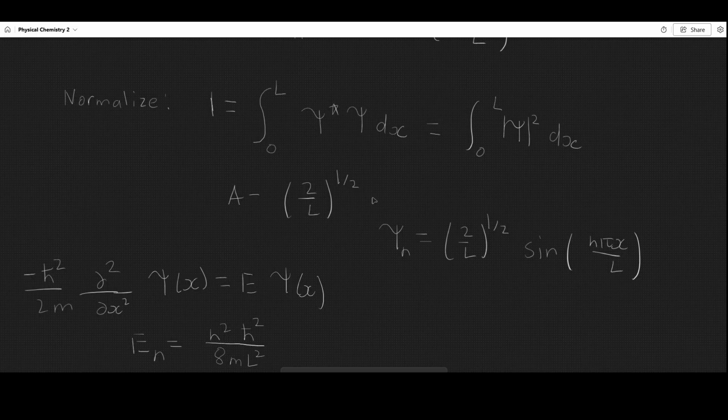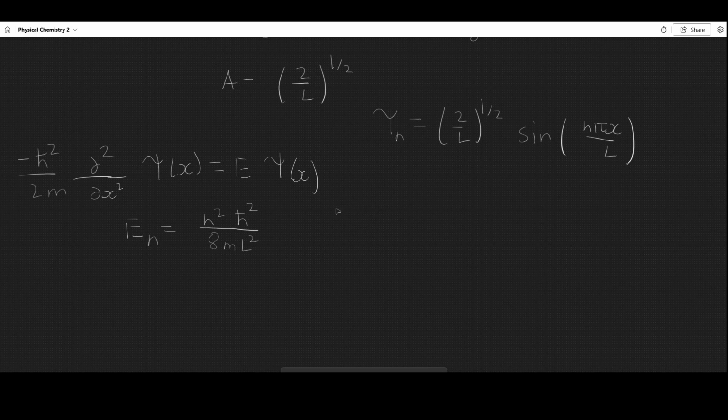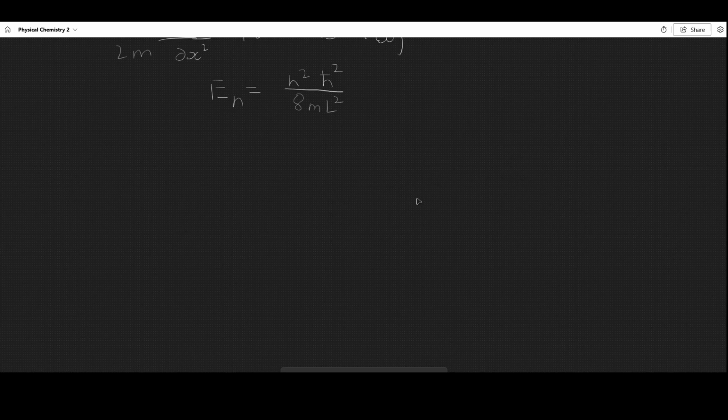But you can see now we're relying on a different variable. So energy is dependent on n. So if we were to graph this out graphically, what this would look like is at n equals 1, we have 0, L, and if this is x, this is psi of 1, we would see it looks like this.